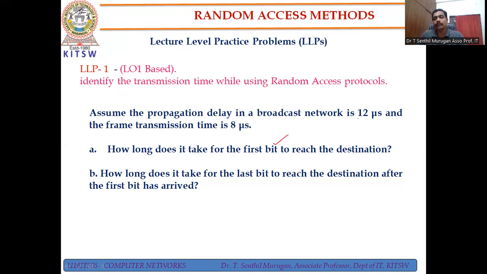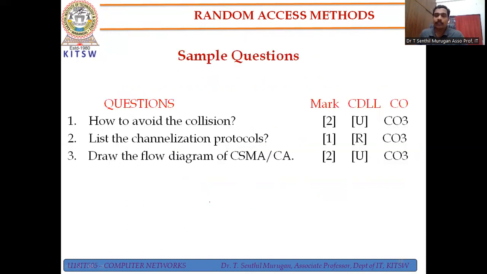The propagation time is 12 microseconds, which means the first bit will take 12 microseconds. After that, the entire frame takes 8 microseconds. So 12 plus 8, totally 20 microseconds for the last bit to reach the destination. These are the sample questions for our discussion.